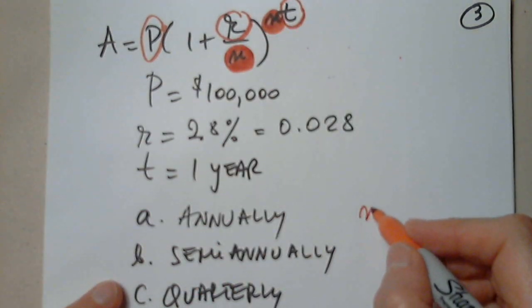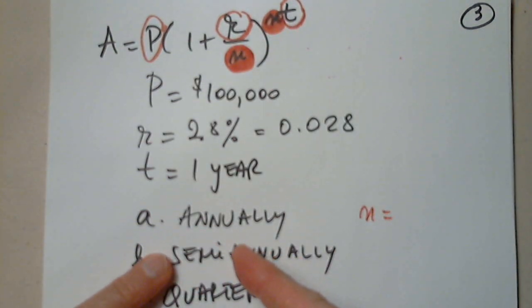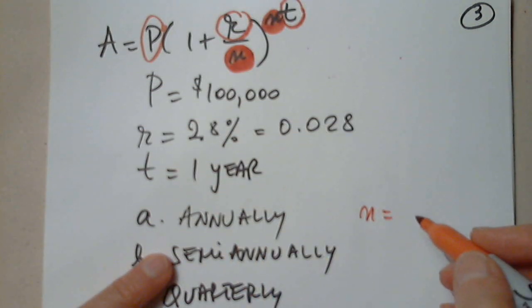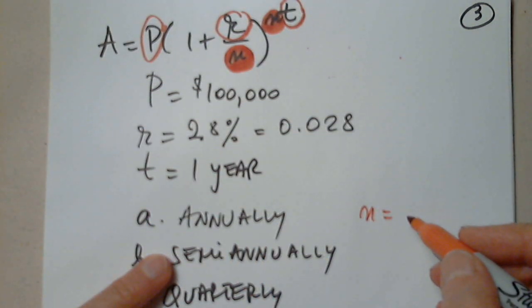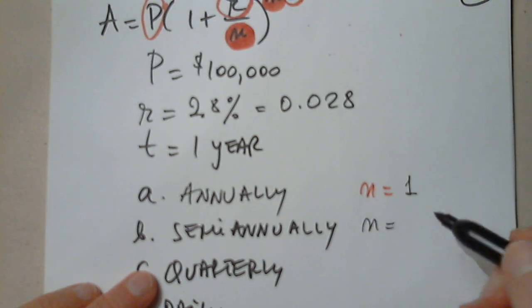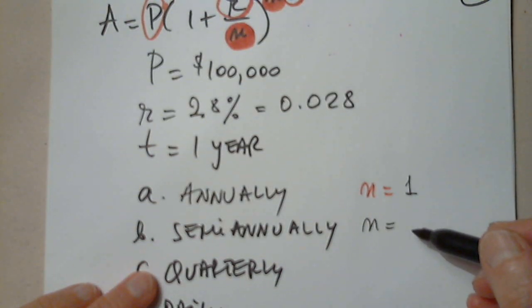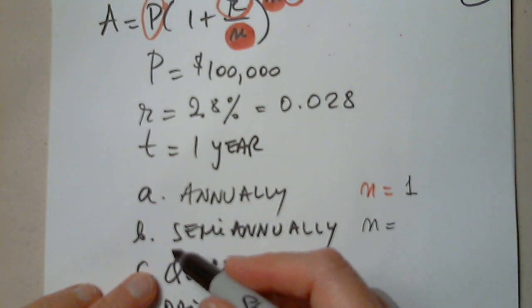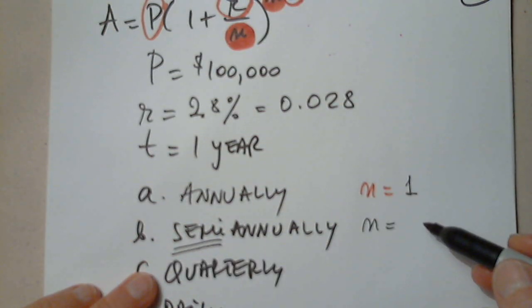What is N in the first situation? Annually. 1. Very good. What is N in the second situation? 2.